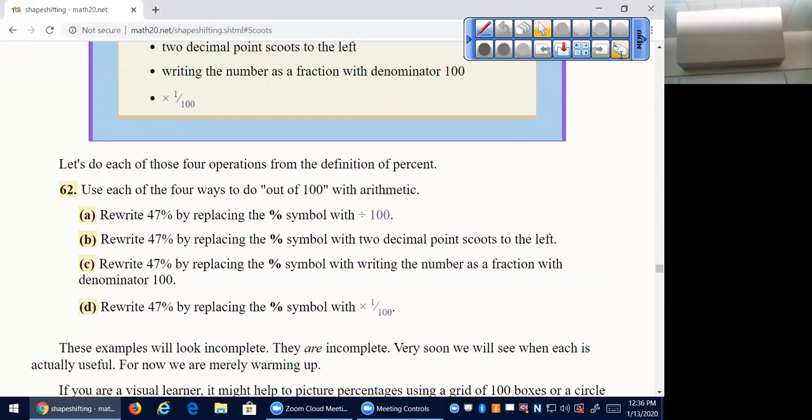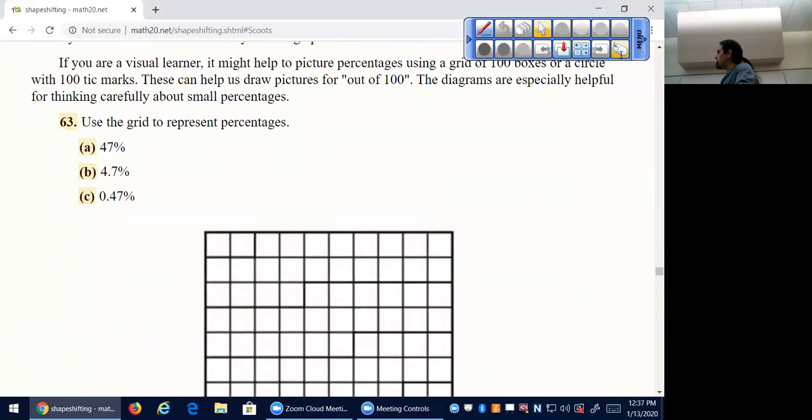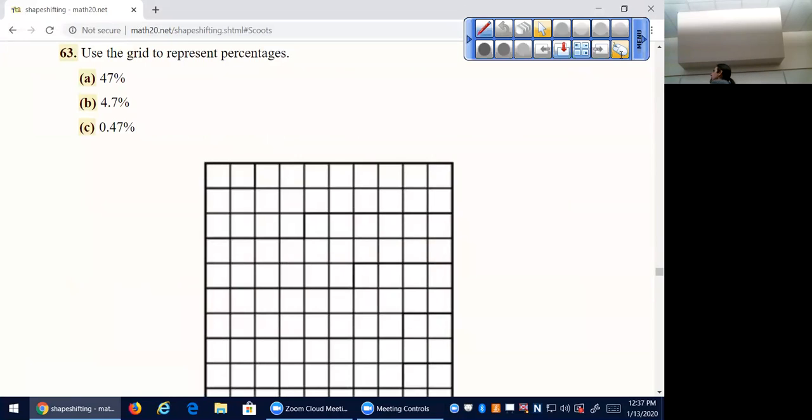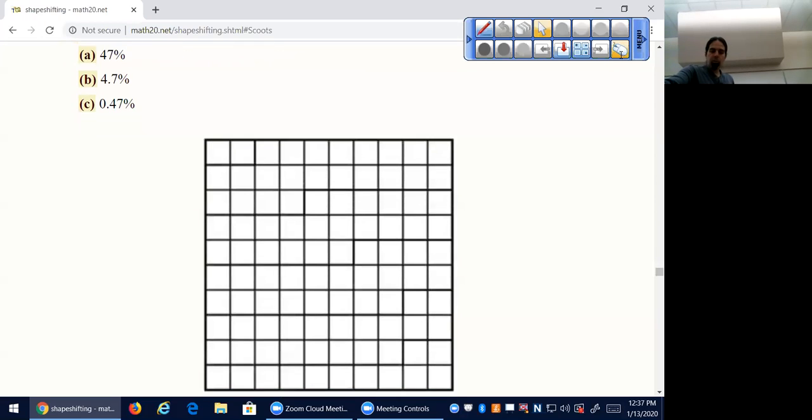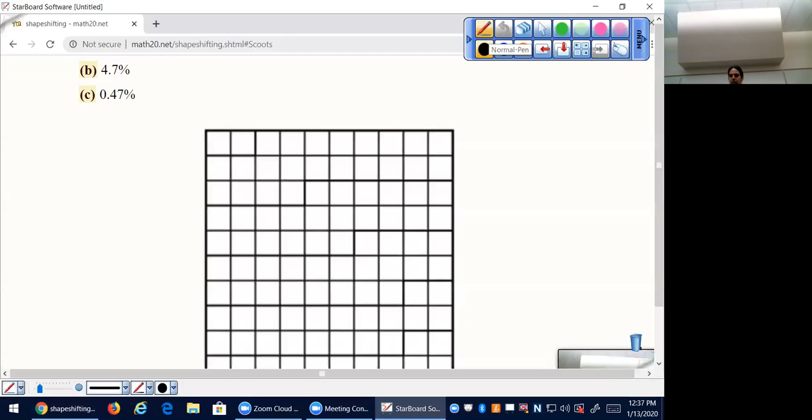Okay, so here's in the typed out notes what we just wrote in our own notes. One thing we want to do is think about percents a little more clearly. And let's use a grid for that. If I wanted to shade 47%, how would I shade that on my grid here?